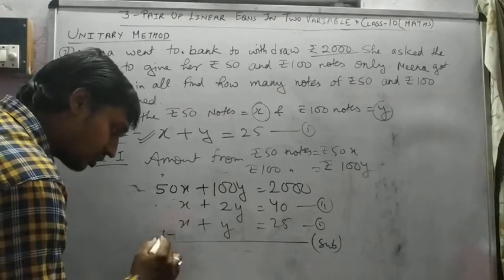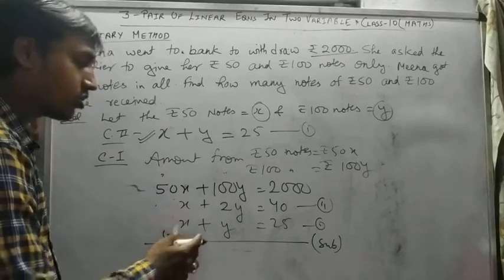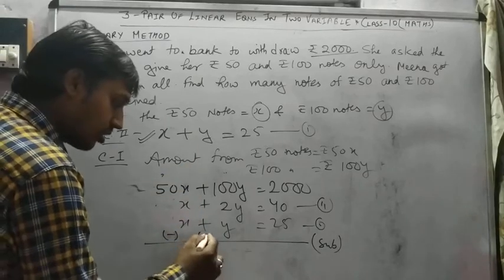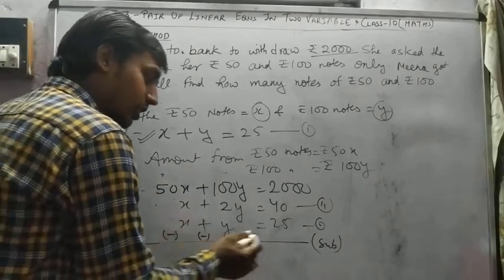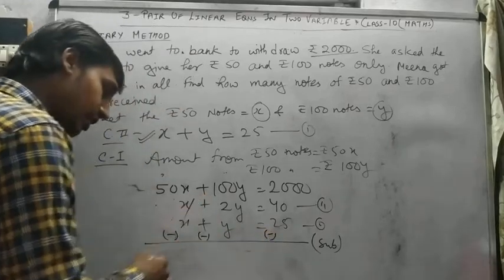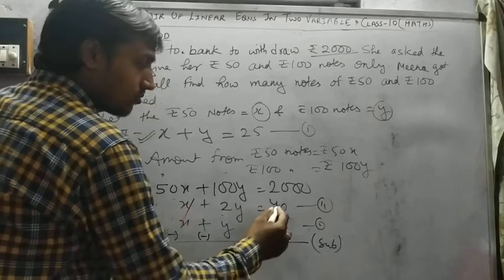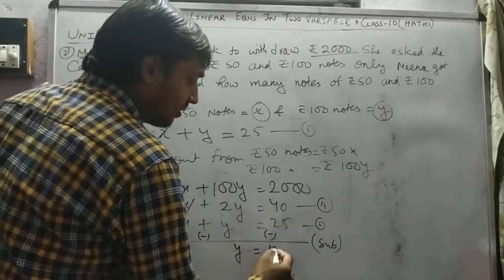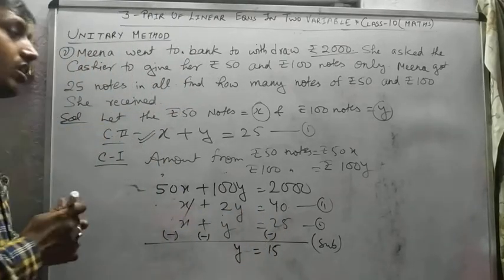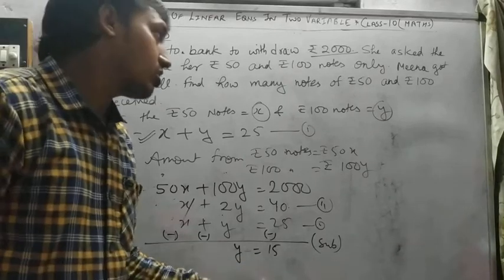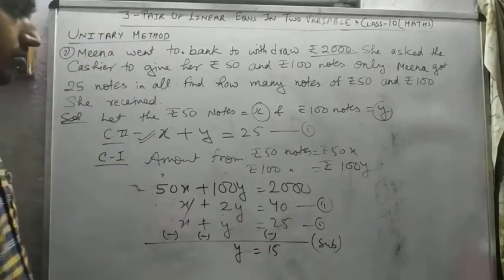Subtract means change the sign of the second equation: plus changes to minus. x cancels. 2y minus y is y. So y is 40 minus 25, that is 15. Means she received 15 notes of 100 rupees.